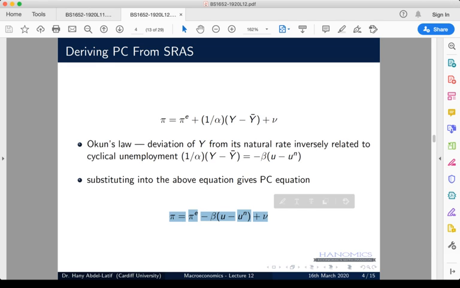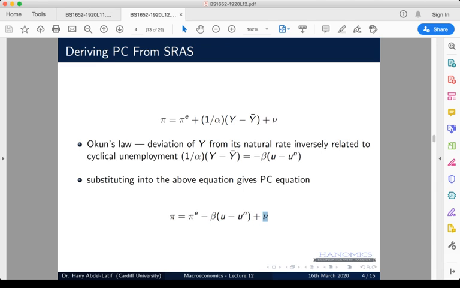So what we have here is mainly that the inflation rate depends on the expected inflation rate, and this is some kind of constant or exogenous parameter. Then we have the gap between the actual unemployment rate and the natural rate of unemployment, plus some sort of supply shock.